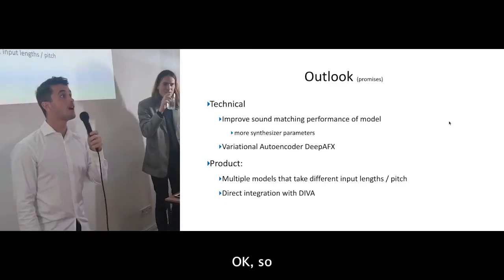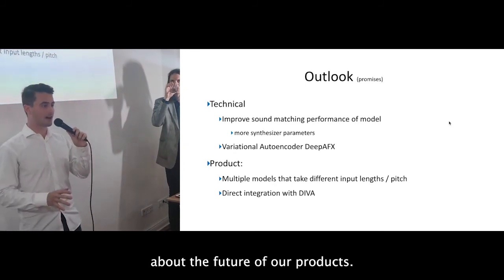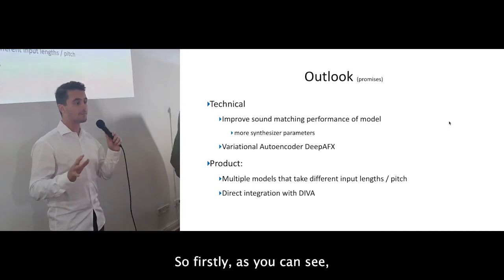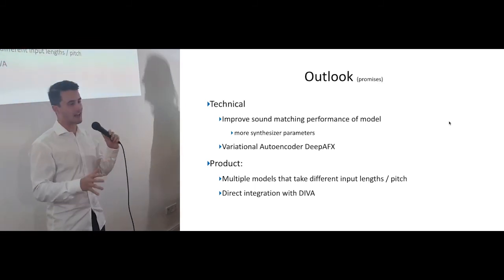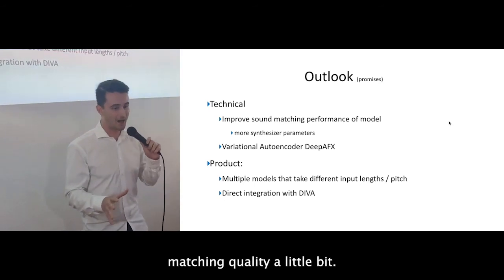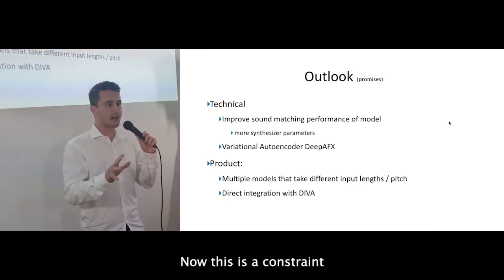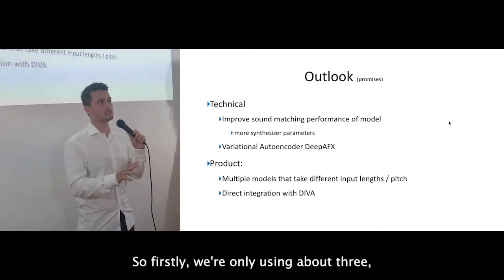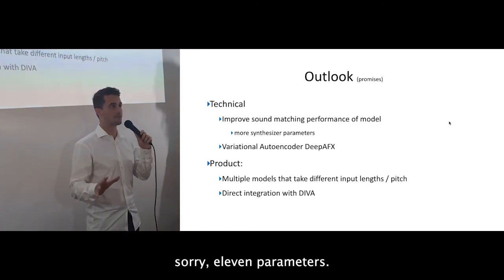Okay, so I'll just talk a little bit about the future of our product. So firstly, as you can see, we might need to improve the sound matching quality a little bit. Now, this is a constraint from a couple things. So firstly, we're only using about 11 parameters.